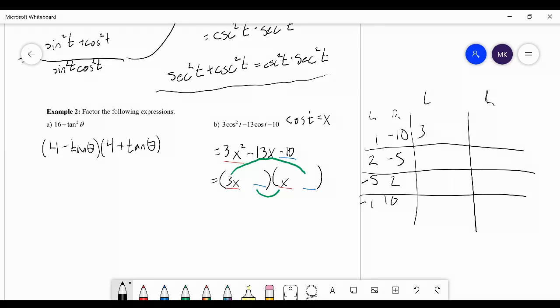I would end up with 3 minus 10. If I multiply the right side by 3 and the left side by 1, I would get 1 minus 30. If I do this all the way through, left side by 3, I get 6 minus 5. Right side by 3, I'd get 2 minus 15. Here I would get negative 15.